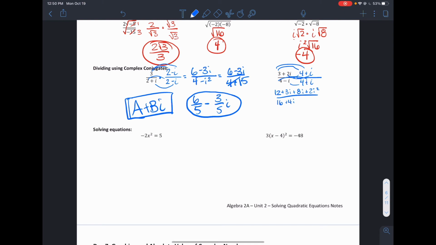Remember, these middle terms will cancel out, so we don't really need to worry about them. Then we'll be subtracting i squared again. So here I'll have 12 plus 11i minus 2 over 17. So I'll have 10 over 17 plus 11 over 17i.